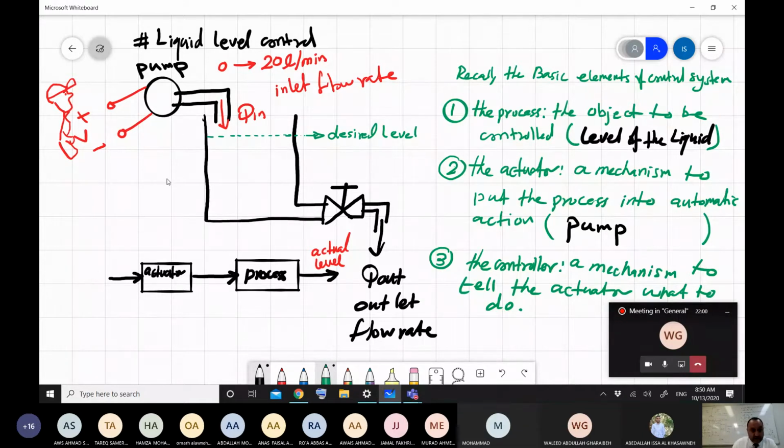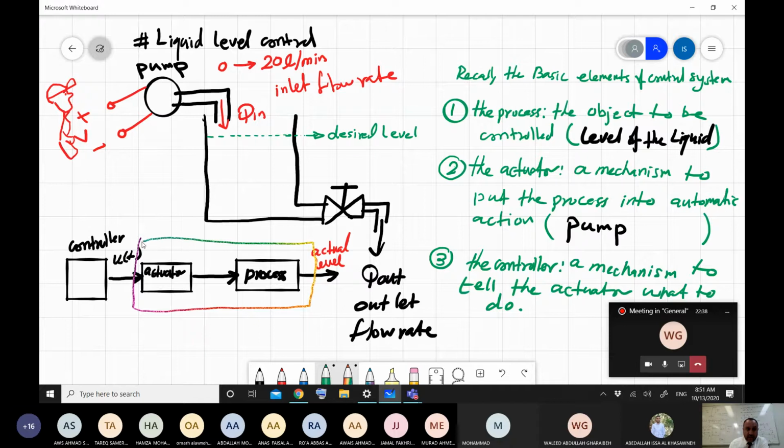So simply now, if I need to introduce the controller to the block diagram, it will be here. So this is the controller. Now, the output of the controller, we call it the actuation signal, U of T, or the command signal. Now, the output of the controller is the input to where? To the actuator. Now, sometimes for short, instead of plotting the actuator and the process, the combination between the actuator and the process is actually the plant.